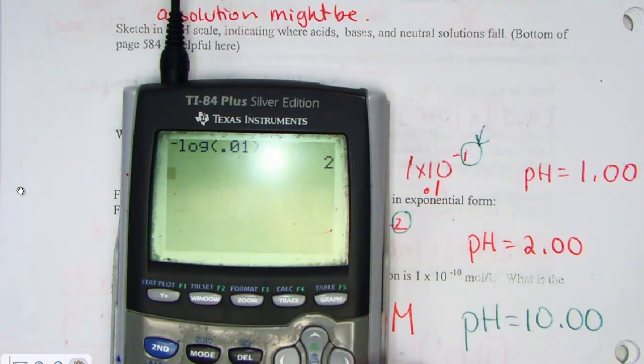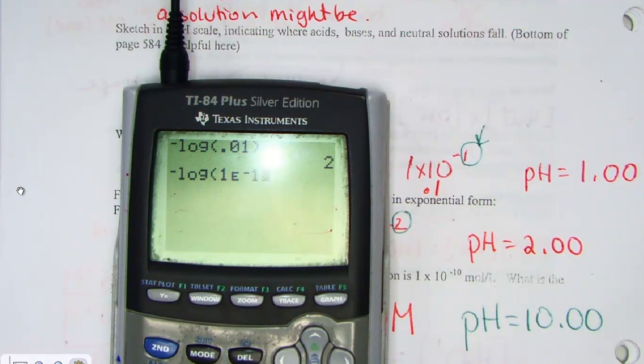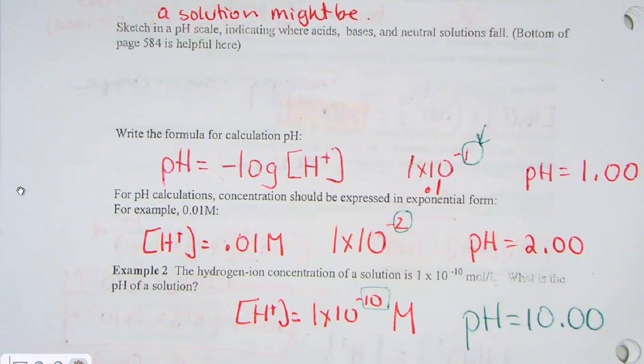Prove it to yourself. Negative log of 1 times 10 to the negative 10th power is indeed 10. The power of tens. On a logarithmic scale, it's by a factor of 10.